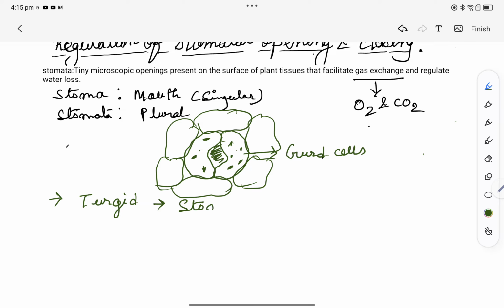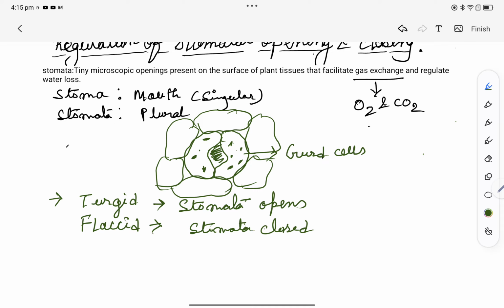Stomata open. And when there is water loss from the guard cells, they become flaccid and the stomata are closed.